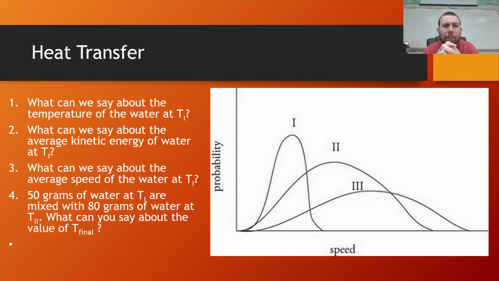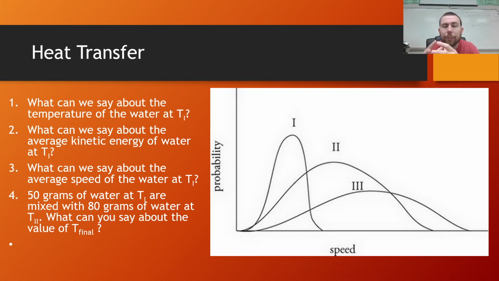For number 2, what can we say about the average kinetic energy of water at temperature 1? In comparison to temperatures 2 and 3, there's a much smaller range of kinetic energies experienced by the water at temperature 1.